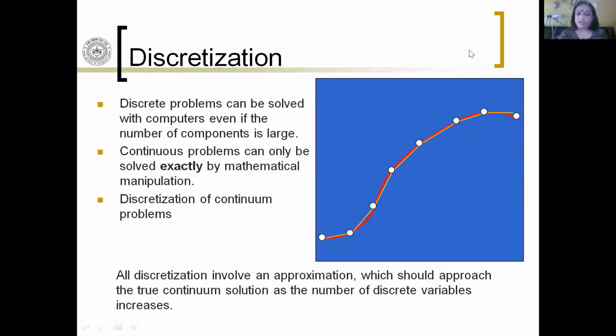Now here you have to understand the difference between an exact solution and an approximate solution. The green line that I had drawn is an approximation of the red curve. So suppose the red curve is a solution to some problem. If instead of that red curve, I give you the green curve, I give you an approximate solution, whereas the red curve, let's say, has been obtained mathematically by an exact solution.